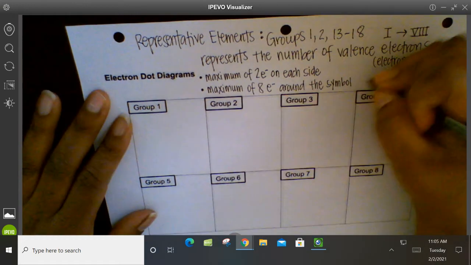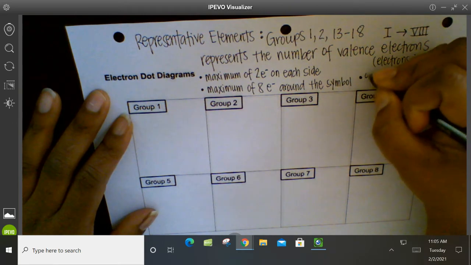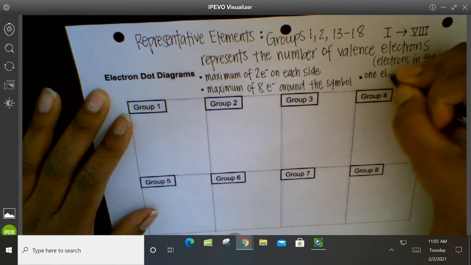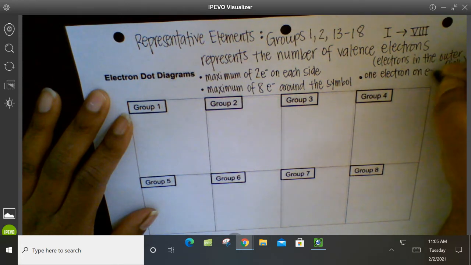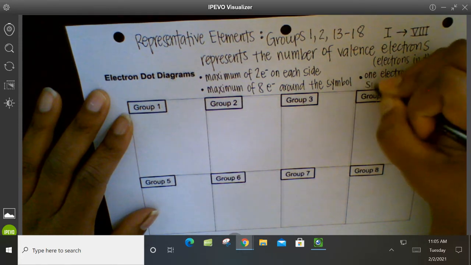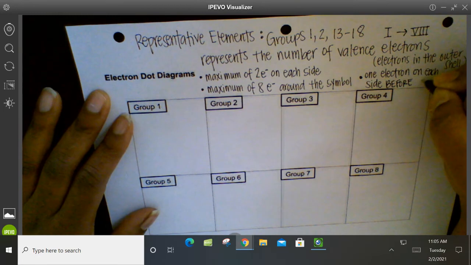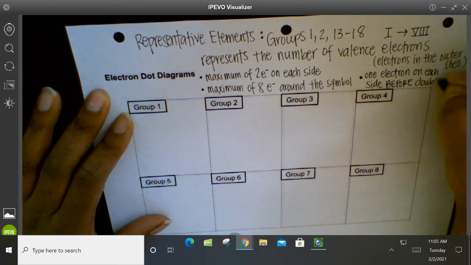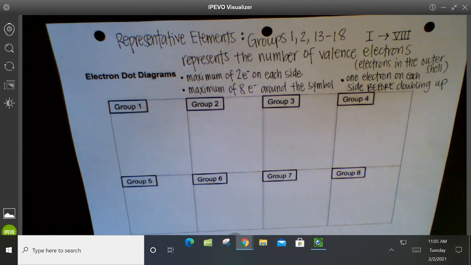And then there's one more rule, and that is you will put 1 electron on each side before you double up. So it'll be 1 electron on each side before you double up.